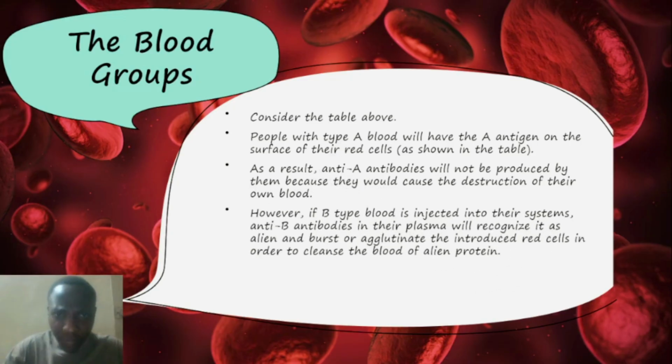However, if B-type blood is injected into their systems, the anti-B antibodies in their plasma will recognize it as alien, and they will burst or agglutinate the introduced red blood cells in order to cleanse the blood of alien protein. So here is where blood transfusion comes in.